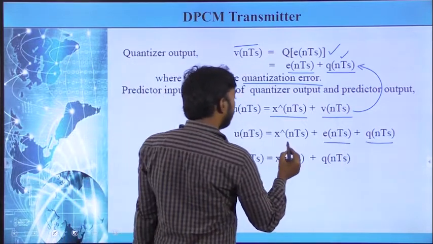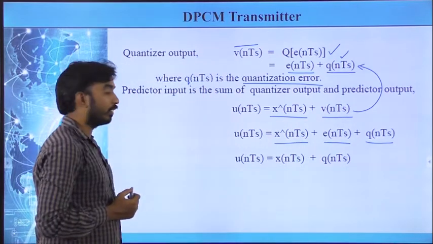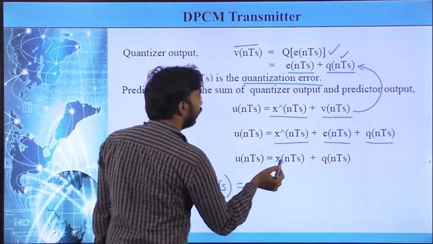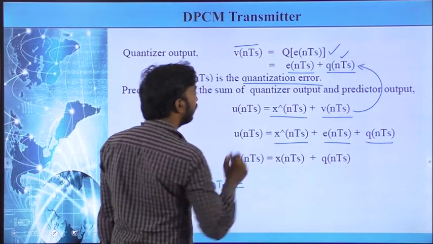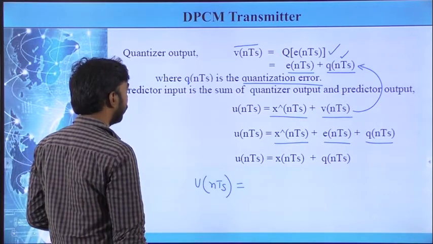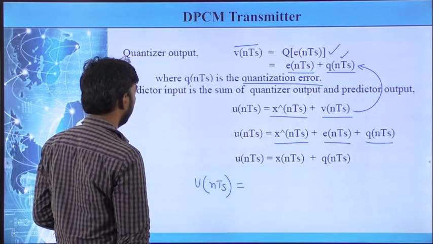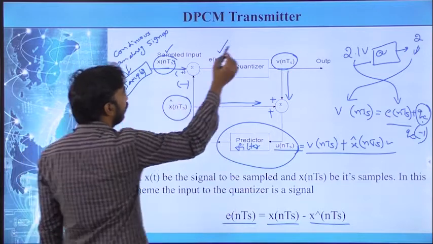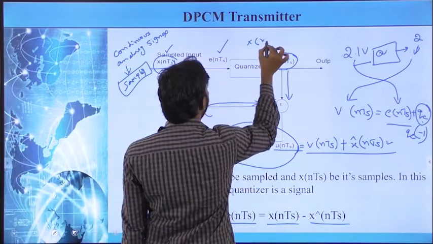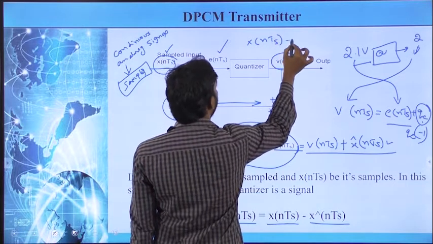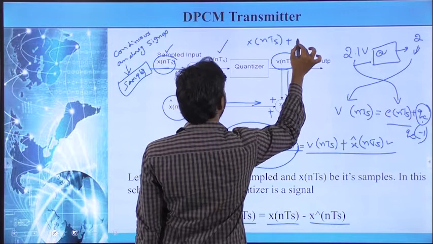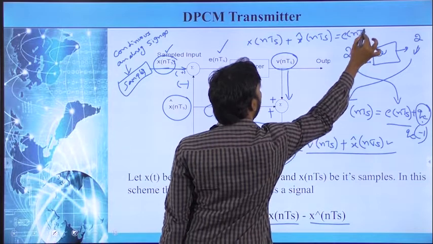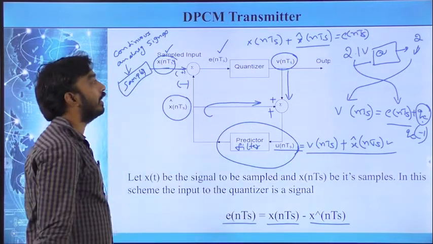And then what is X cap of nTs, right? So X cap of nTs I can rewrite as, this is my E of nTs, right? So from this can I calculate X cap of nTs?